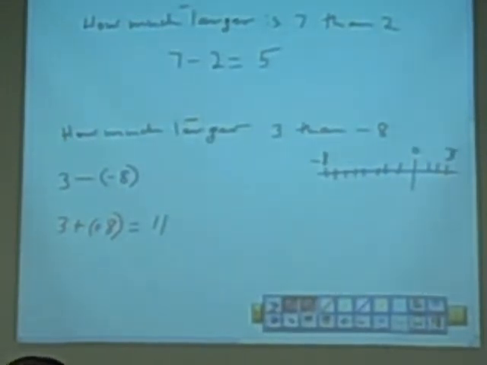Well, if there's 3 units and there's 8 more units, that's 11 units, right? Okay? So that's why you're putting a minus there, because that'll be minus a negative, and you get a positive, you get plus for the difference between the two.